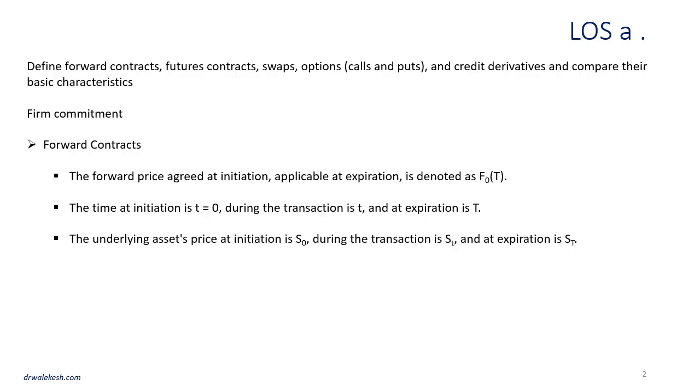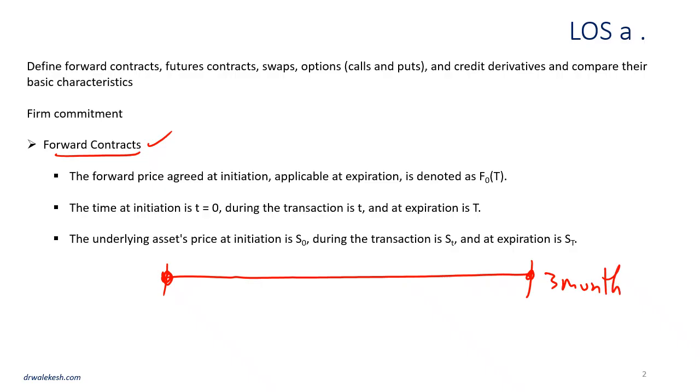Still moving on, to better understand forward contracts from a practical perspective, let's look at this example. Imagine I intend to buy a laptop in 3 months' time from now. But I locked in the price that will apply in 3 months' time from now.